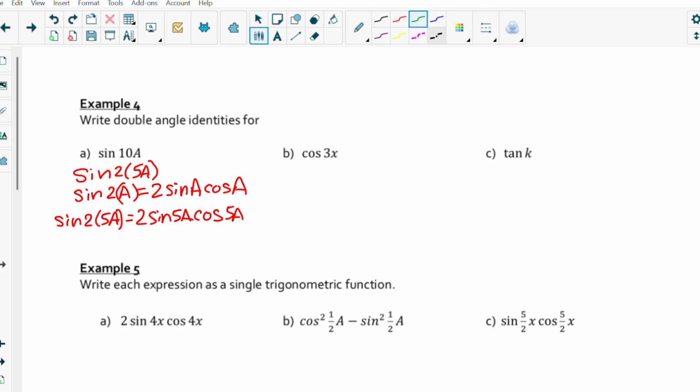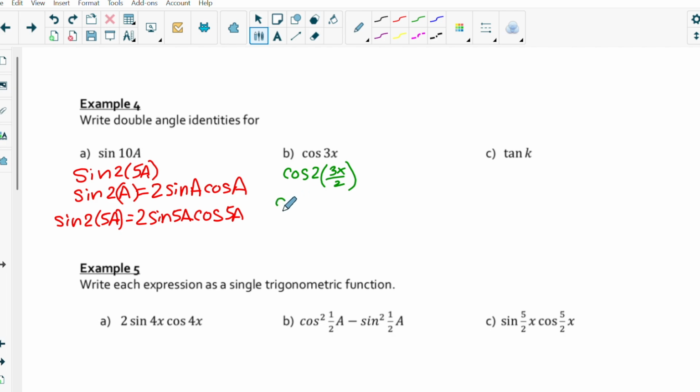I have cosine of 3x. How can I write that in terms of a double angle identity? So what if I do cosine of 2 times what gets you 3x? Well, that's 3x over 2.